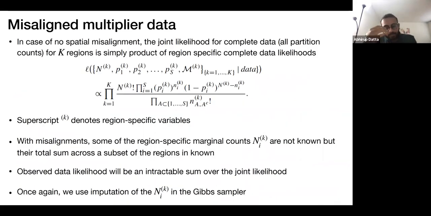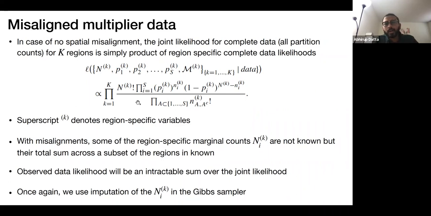So our solution is going to be effectively the same. We are going to impute, and then we are going to use the joint complete data likelihood. So suppose we had no spatial misalignment, we had the marginal counts for each region or each site, then our joint data likelihood is simply going to be the product of the complete data likelihoods for each region.